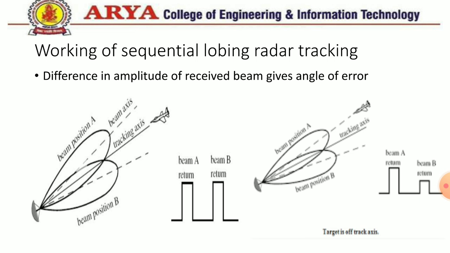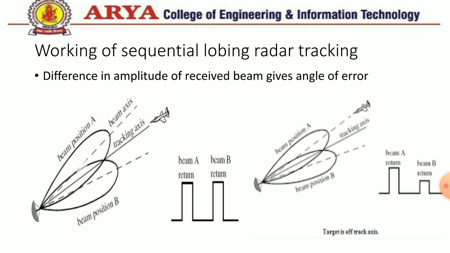So what we do in sequential lobing is we have multiple lobes, and by multiple lobes we track objects. To explain how we track objects, in the figure we can see a radar system that is connected to an antenna, and right now the object is on the radar tracking axis.